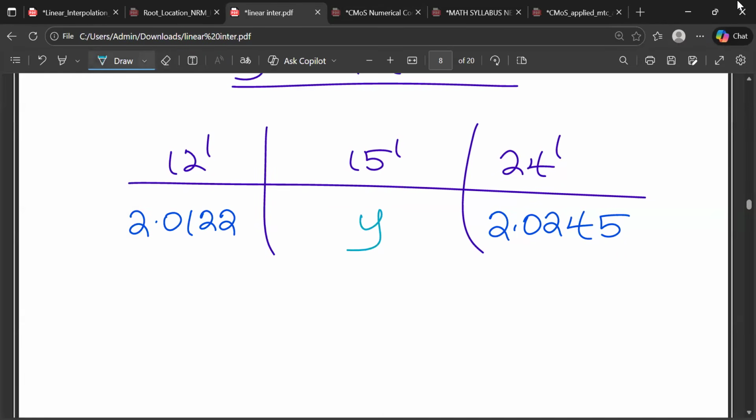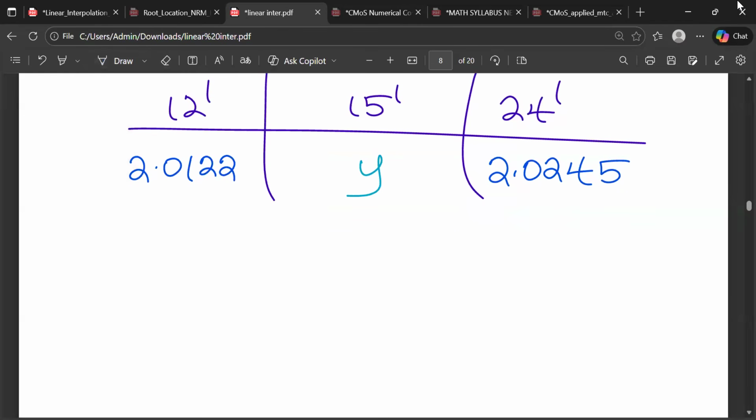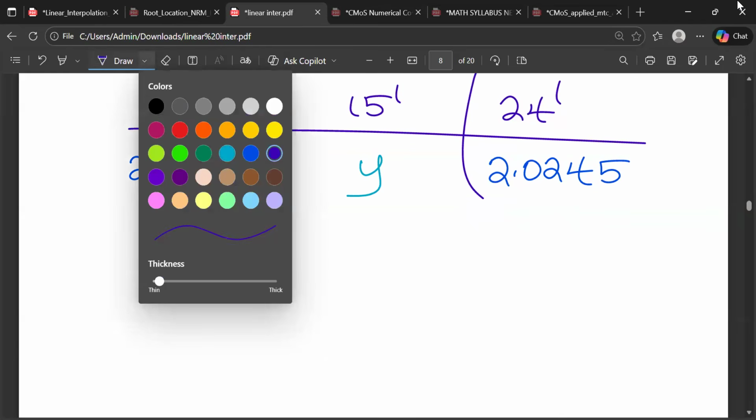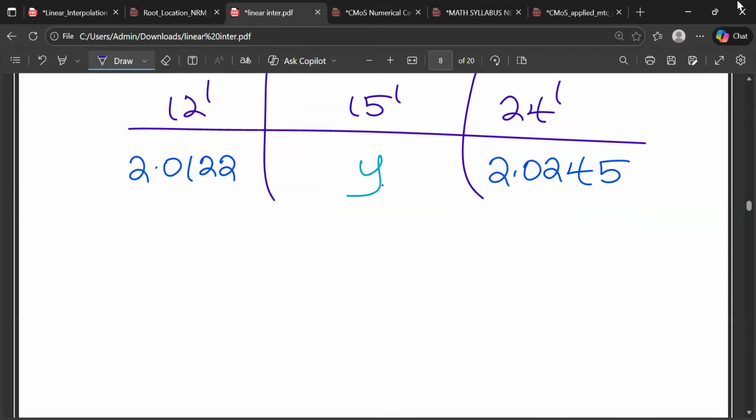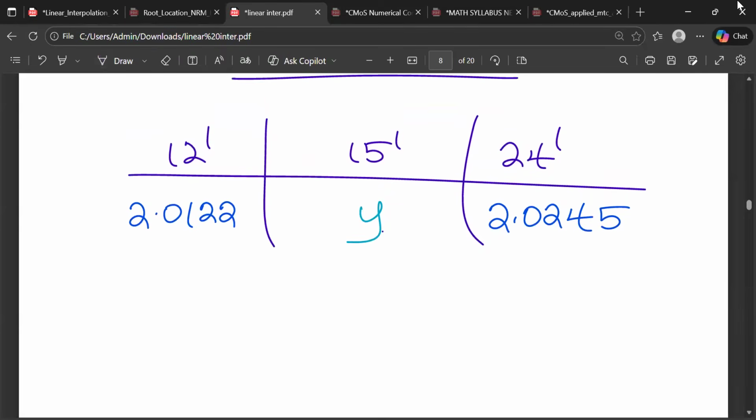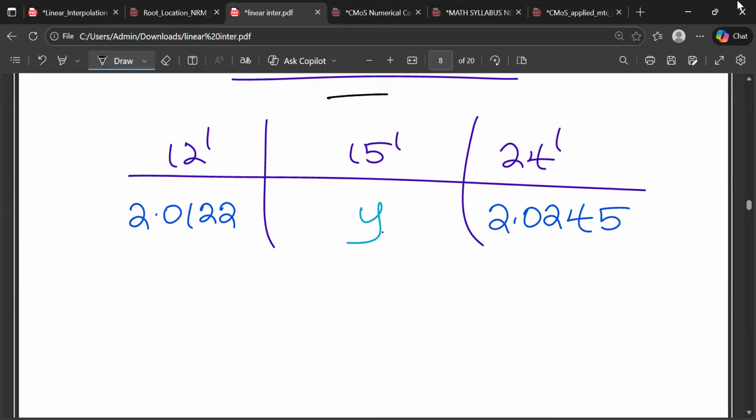I want to show you what really happens if you treat those minutes the way they are. You may not get the right answer. Using any direction, let's take this one, minus this.